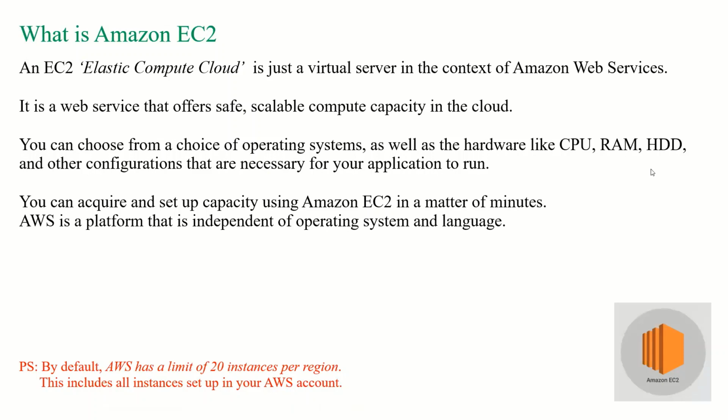EC2, Elastic Compute Cloud, is just a virtual server in the context of Amazon Web Services. It is a web service that offers safe, scalable compute capacity in the cloud. You can choose from a variety of operating systems, Mac, Linux or Windows, to spin off your virtual machine, and pick any operating system of your choice.